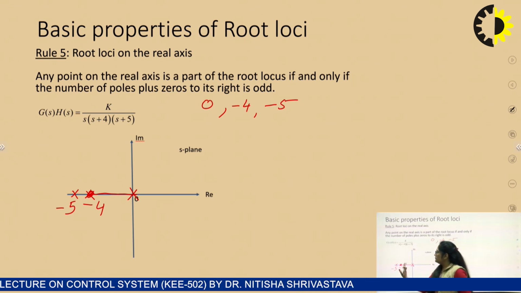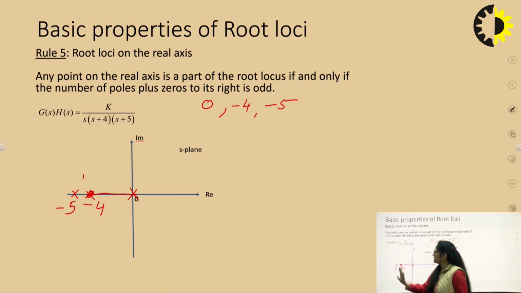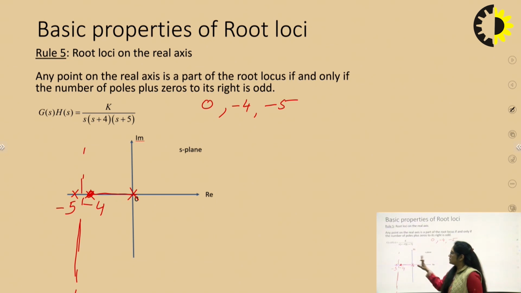But as you move to the left of -4, the region between -4 and -5, when you look from this point, you can see that the number of poles plus number of zeros to the right side is an even number. So this part between -5 and -4 is not part of the root locus.